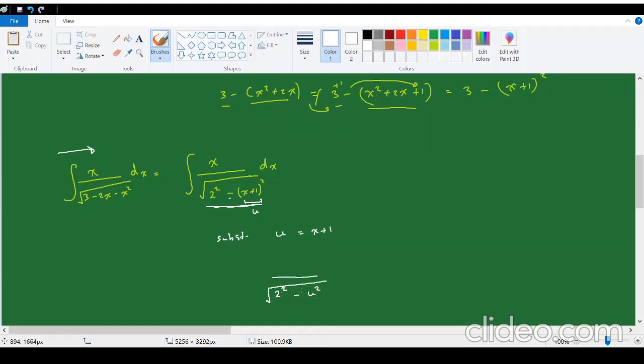Therefore we can directly apply our inverse substitution technique, but there are still some gaps, right?